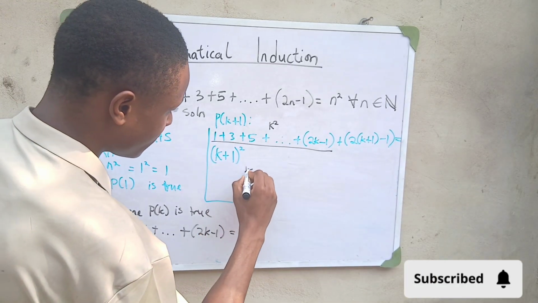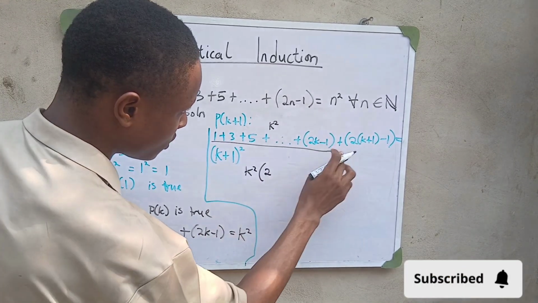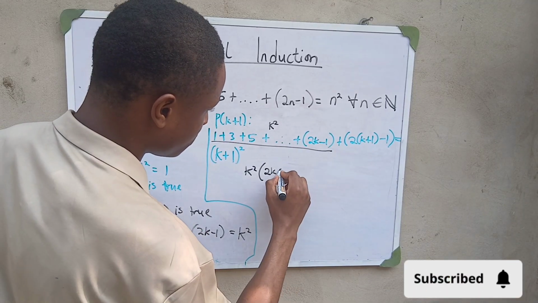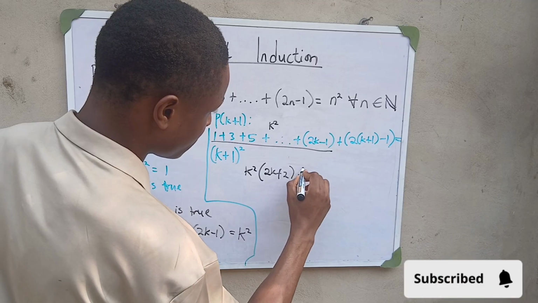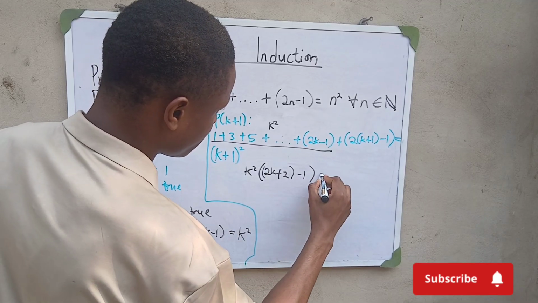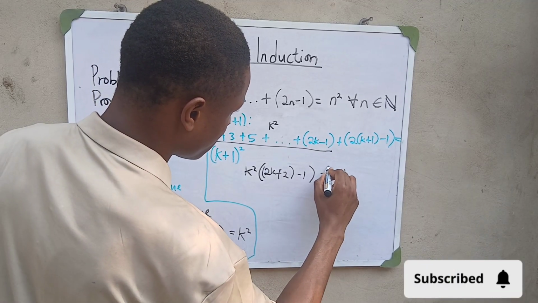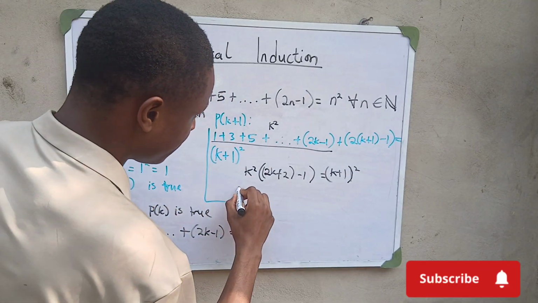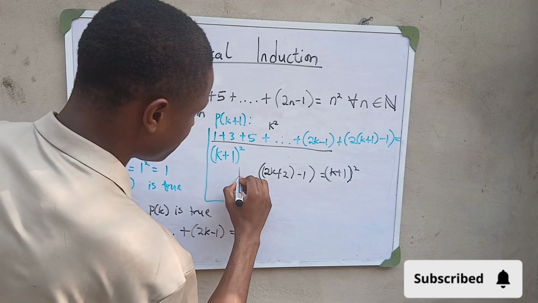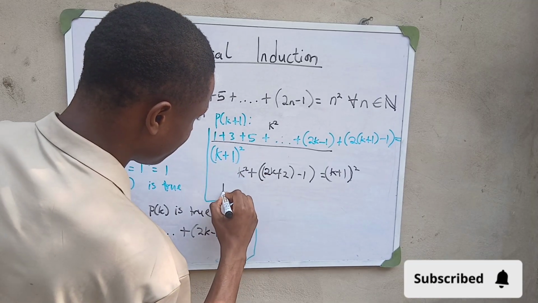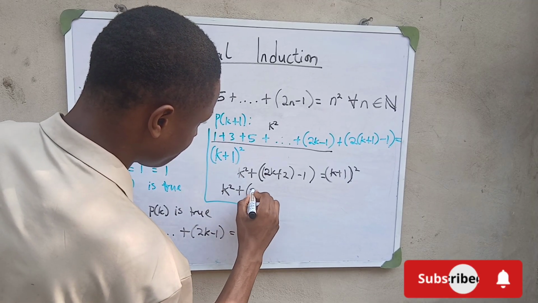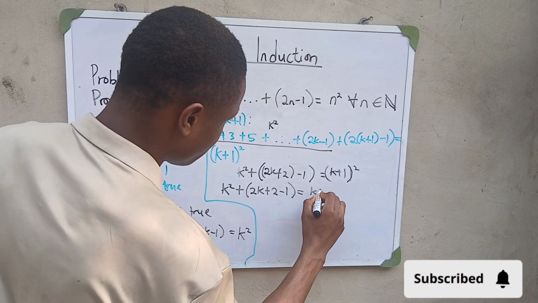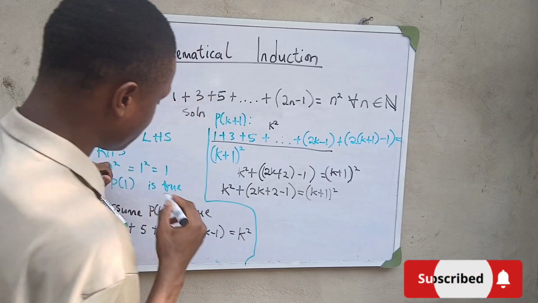So we have k square plus 2 times k is 2k, 2 times 1 is 2, plus 2 minus 1 is equal to k plus 1 all squared. Okay, yes, it's supposed to be k square plus, so we'll be having k square plus 2k plus 2 minus 1 is equal to k plus 1 all squared.